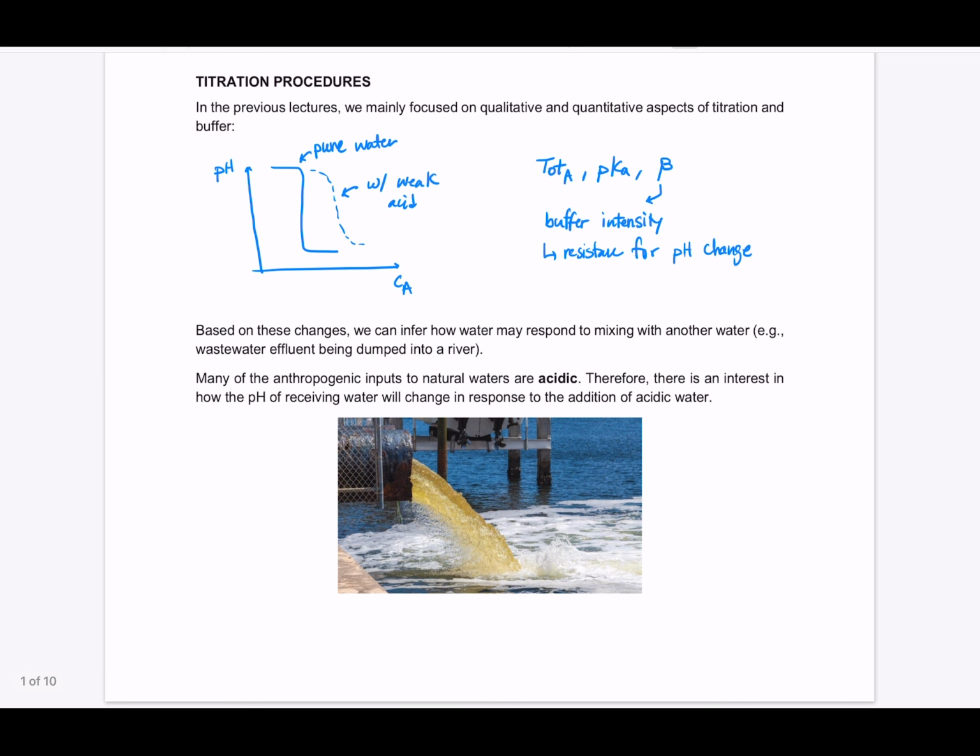In many practical systems out there, when it comes to wastewater being introduced to a river, for example, most wastewater is acidic. So we normally deal with introducing an acidic solution to a receiving water, which could be, for example, a river.